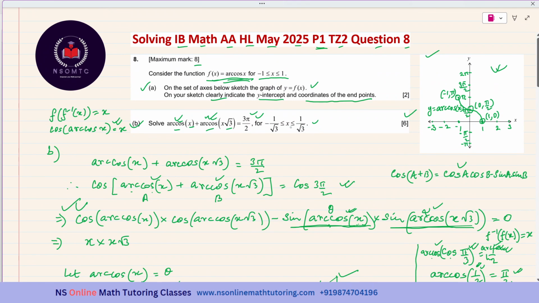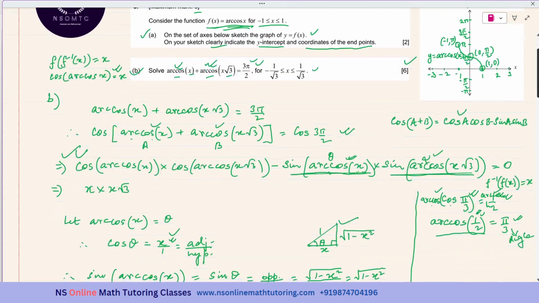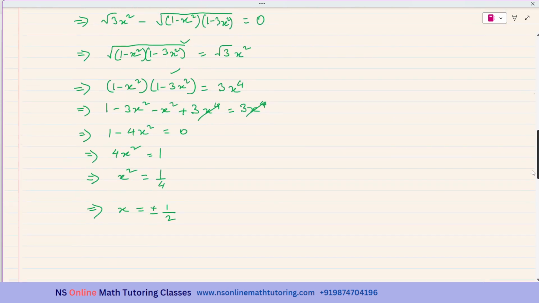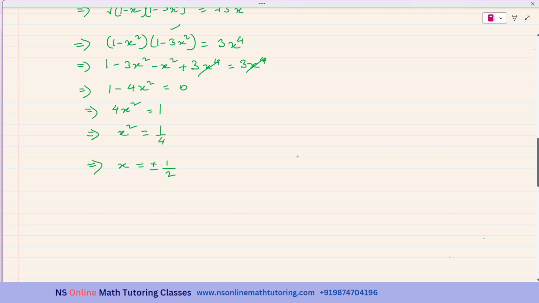Solve for x, and x is greater than or equal to negative 1 over root 3 and less than or equal to positive 1 over root 3, and this is a paper 1 question. So we have got the values of x as positive half and negative half. How do we know that whether these values are between negative 1 over root 3 and positive 1 over root 3?